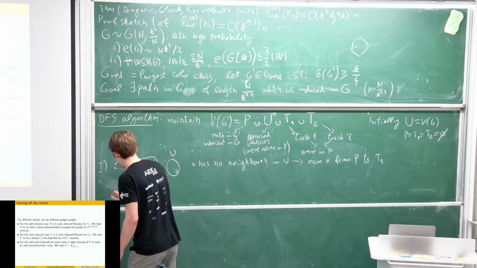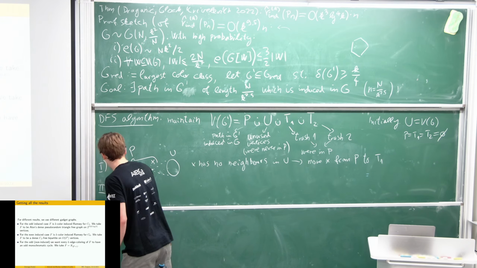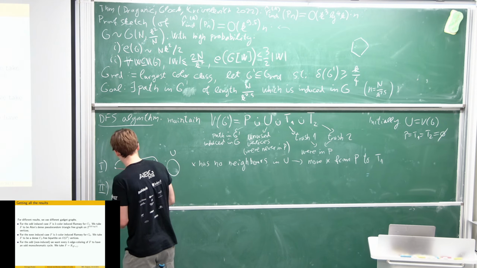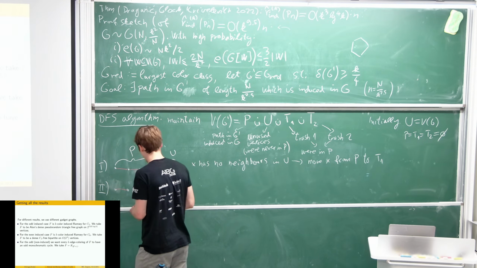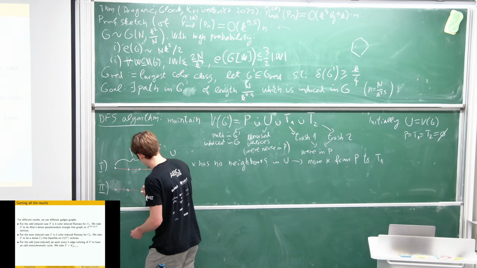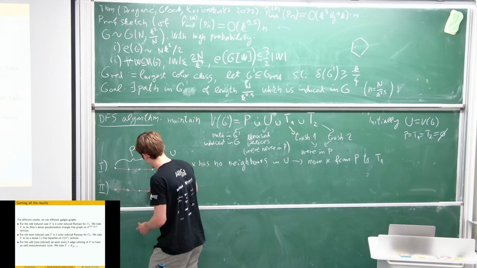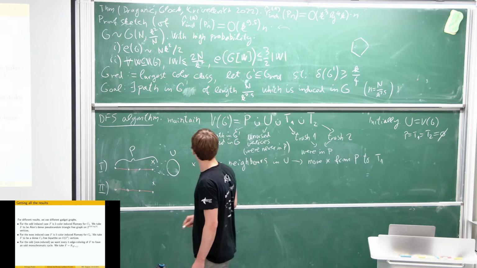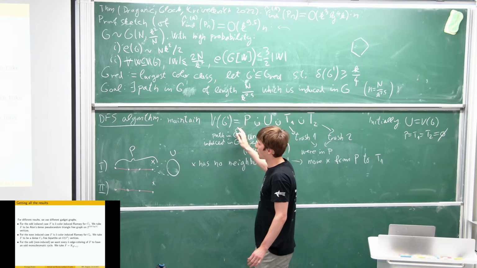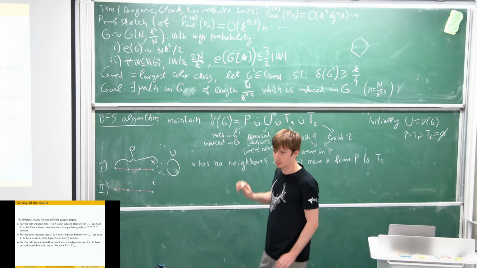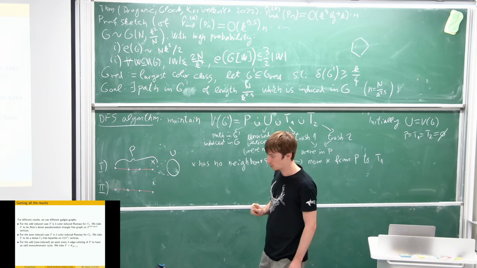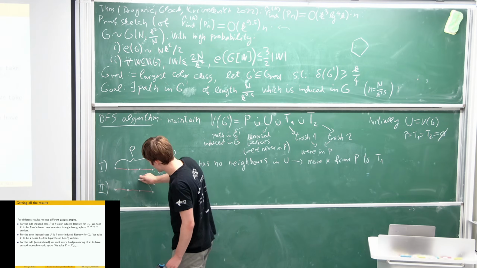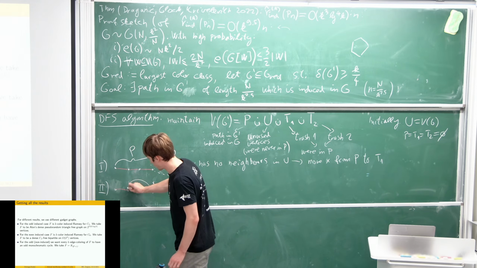Case 2. Okay, so when I said the path is induced, I lied a bit. It's induced except for maybe the last vertex. Okay, so perhaps the last vertex has an edge back to the path.